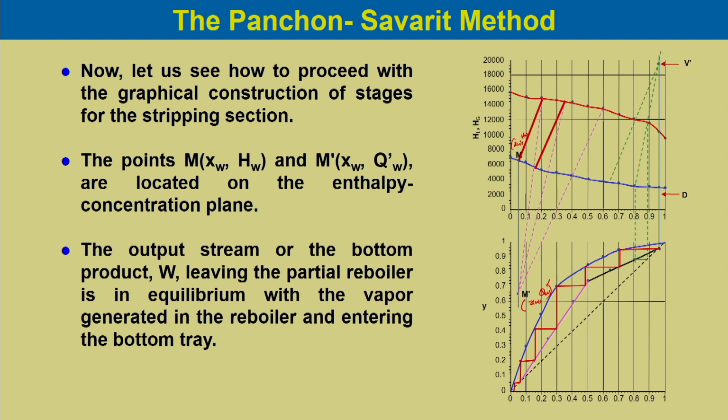The output stream or the bottom product W leaving the partial reboiler is in equilibrium with the vapor generated in the reboiler and entering the bottom tray. So, they will be in equilibrium, that is the boil off going from the reboiler to the bottom tray of the column, and the bottoms, that is the product which is taken out from the bottom.